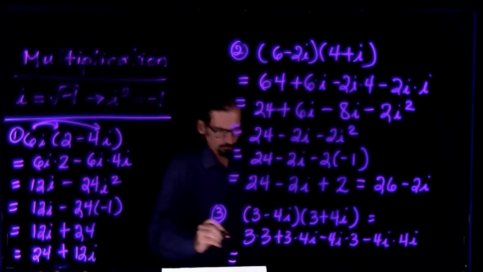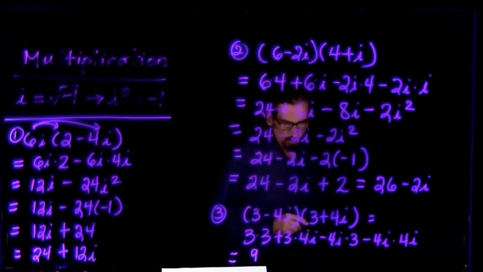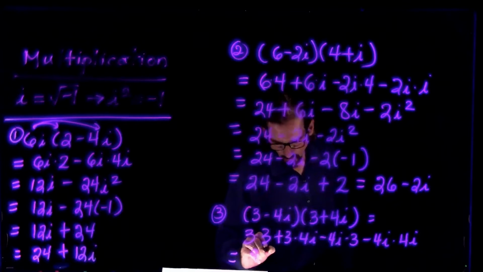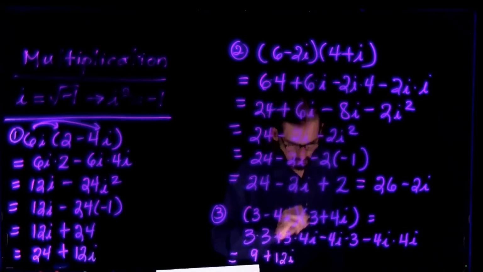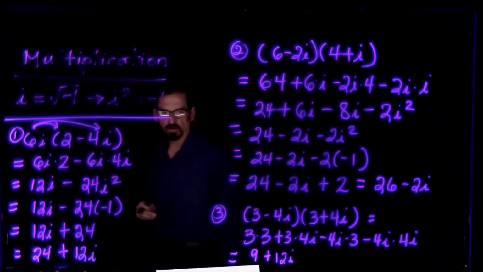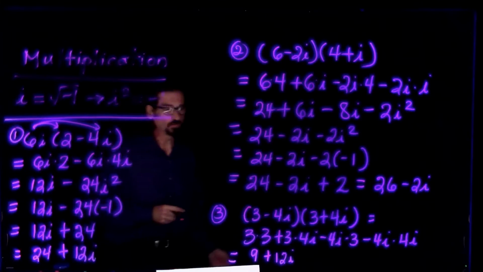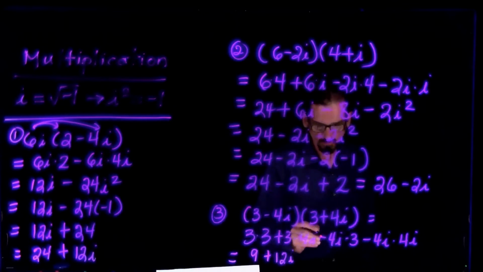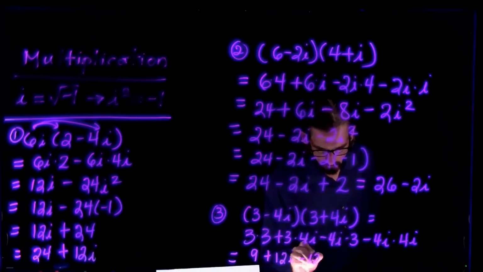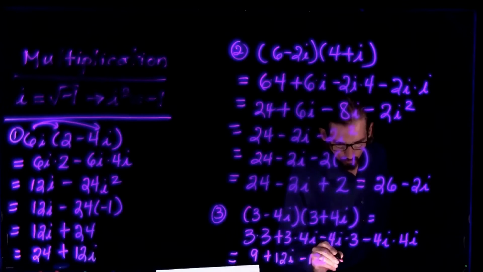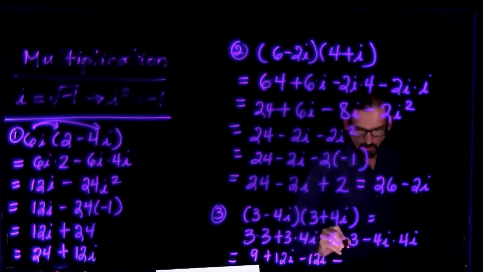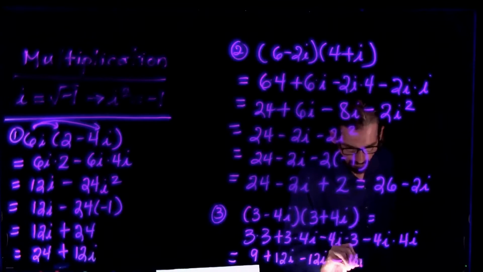Three times 3 is 9. 3 times 4i is 12i, and that's being added. 4i times 3 is also 12i, but that's being subtracted. And then 4i times 4i being subtracted, you're going to have 16i squared.